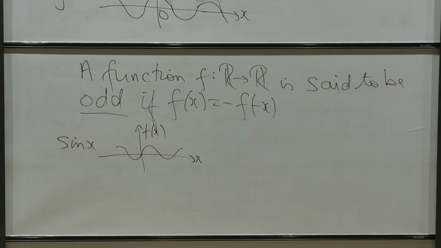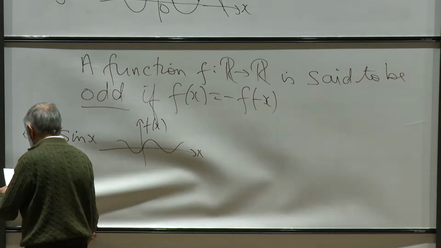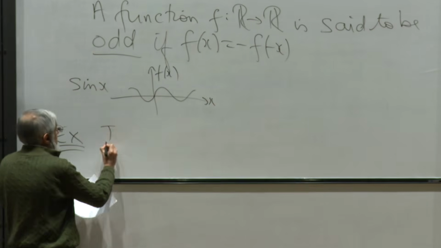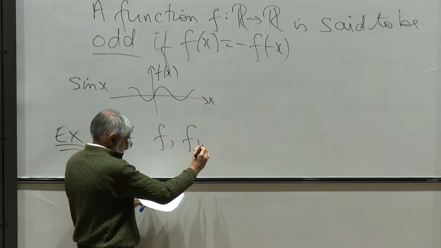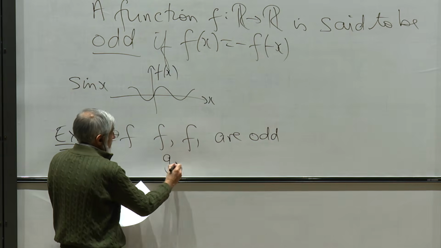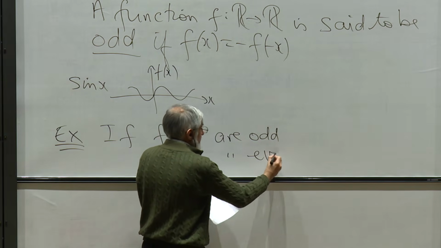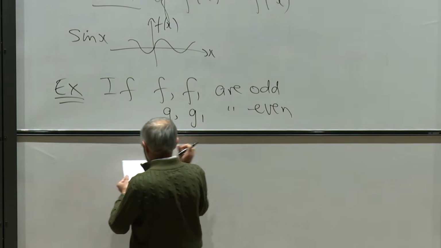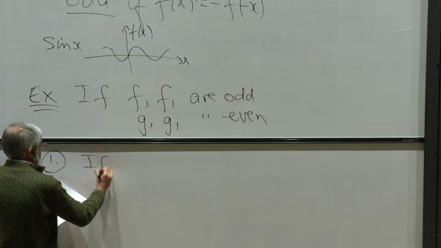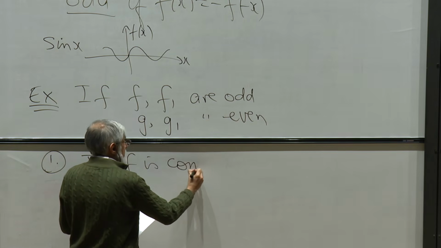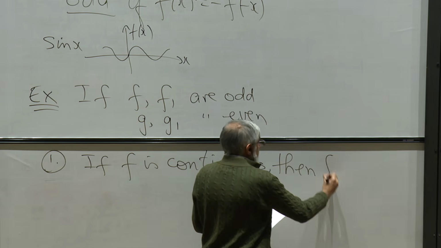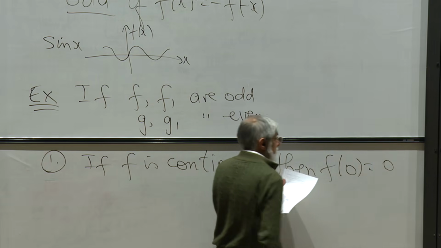So these are in the notes. I'm going to leave you to look at the notes, but also give them as exercises. So to do this, if f and f1 are odd, g and g1 are even, then one: if f is continuous, then f of naught equals naught.